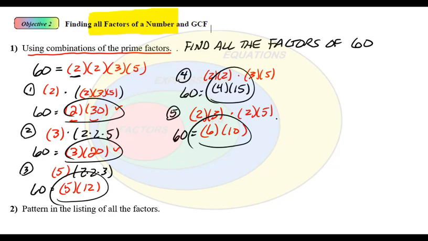It looks like we got them all. Well, the other factors that we haven't seen yet, what about 60 equaling 1 times 60? So 1 and 60 are factors of 60. I can multiply them together to get 60. So we do want to make sure we take those also.